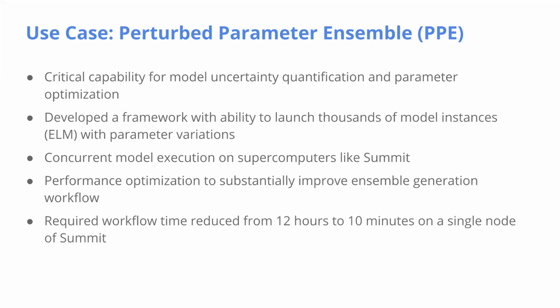So we developed this framework with the capability to launch many thousands of instances on the Summit machine, for instance. So we have concurrent model execution, and we optimize the performance so that we could generate these large ensembles with varying parameter suites and reduce the workflow from 12 hours to 10 minutes on a single node on Summit. That was a pretty major performance improvement that we realized through this effort.